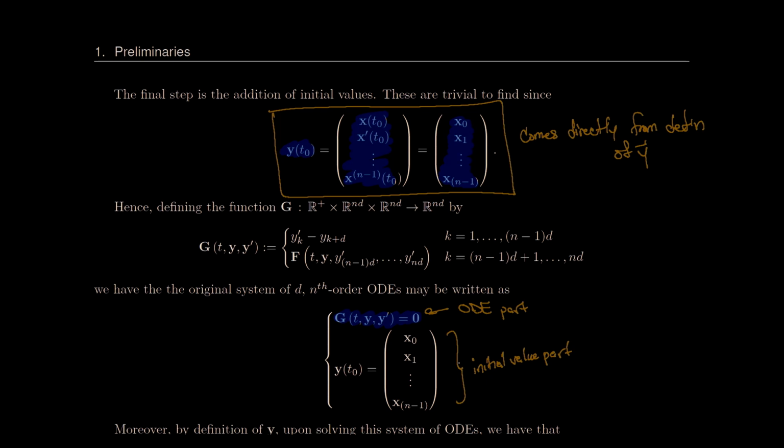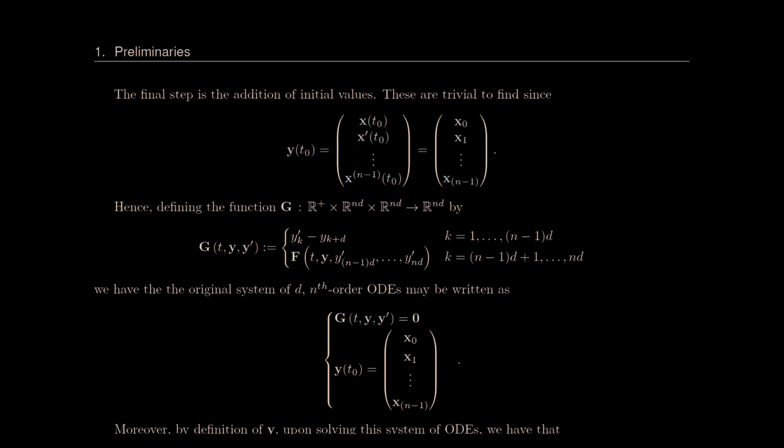Because we already had those from the original IVP, we just directly include them in our new IVP. So this is the new IVP that we're going to solve instead. A first order IVP in nd dimensions.